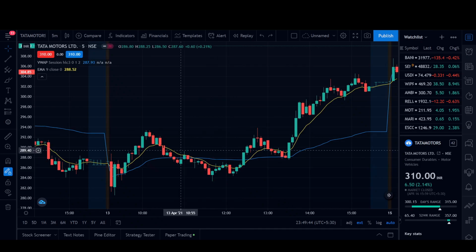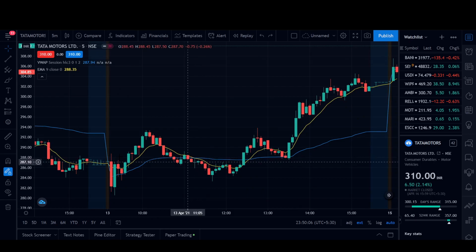So let's say it broke the VWAP and we get the EMA also breaking the VWAP from above. When the EMA breaks the VWAP from above, it indicates a bearish trend, and this is another signal for an entry point.